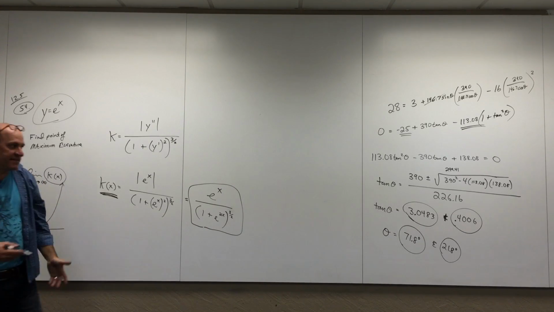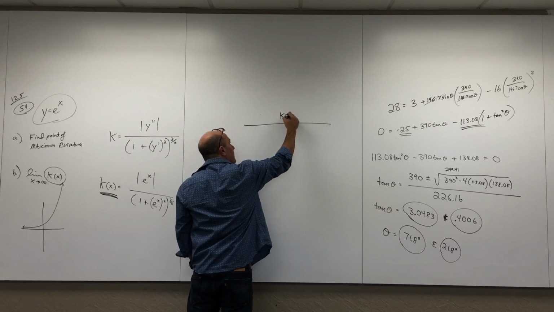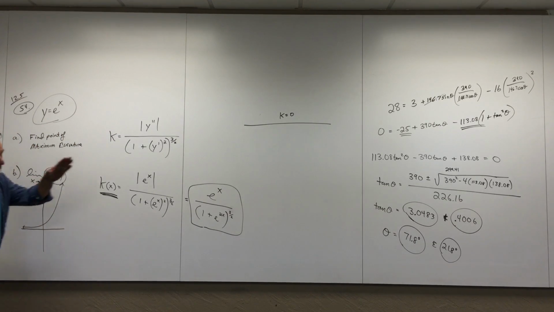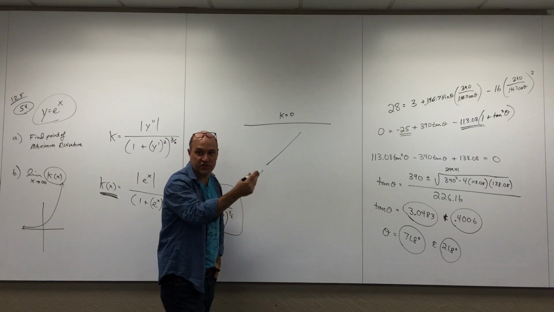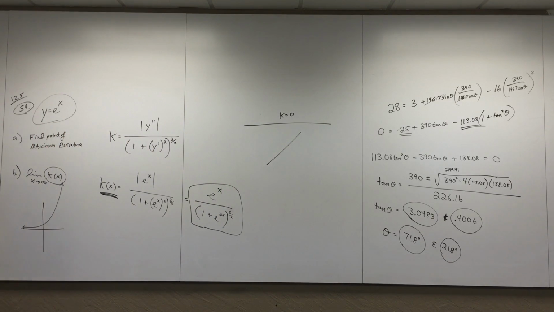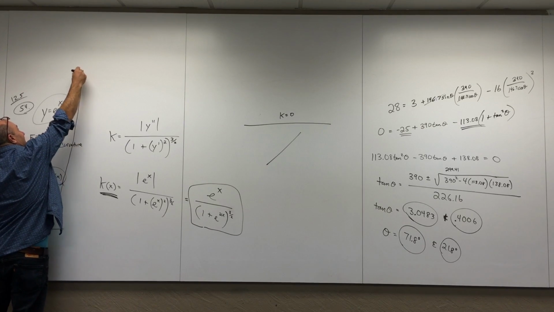You know, I never officially said this, I guess, but the curvature of a straight line is zero. And by the way, I didn't mean to say horizontal line, I meant the curvature of a straight line is zero. And this ain't a straight line, but look at it.